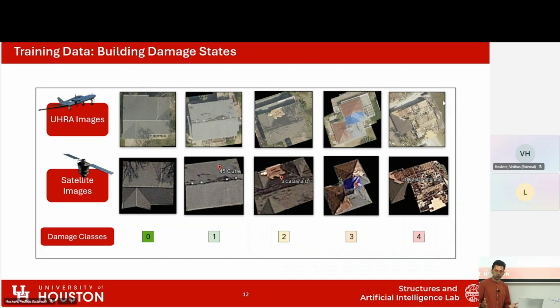So we have the ground truth in that categorization. Here you can see a comparison of a satellite image and a UHRA image, the same buildings after the same disaster. And you can see, of course, the clear improvement in the resolution. And you can see the gradation of damage classes.